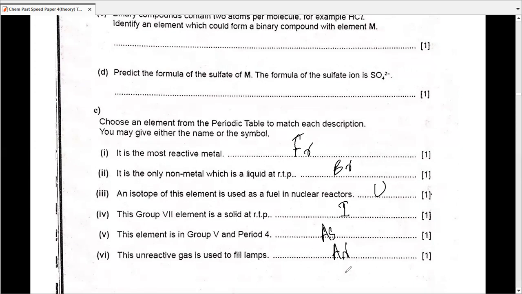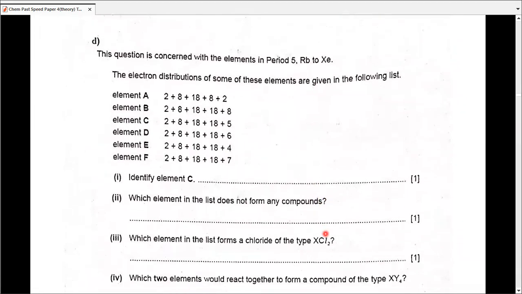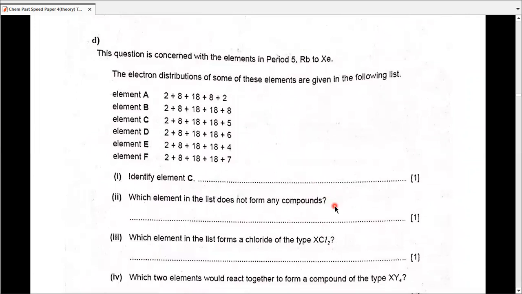Argon, Ar, good, right? I hope you have already written these. Yes, sir. Good, I'm going to clear it up. Let's see what we have next. Part D, period 5, rubidium to xenon.